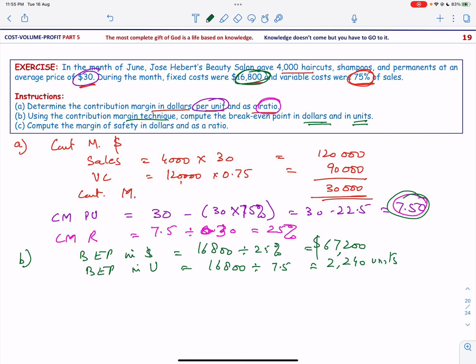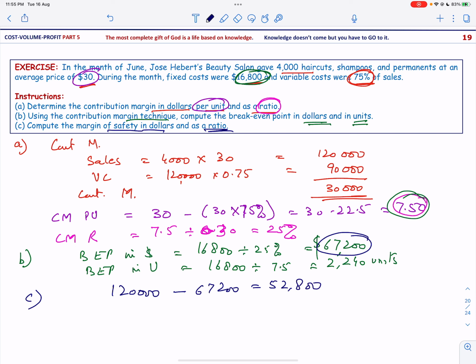Then we go to part C. They say compute the margin of safety in dollars and as a ratio. Now margin of safety in dollars will be sales. Sales was 120,000 minus the break even point in dollars, that was 67,200. This is equal to 52,800.